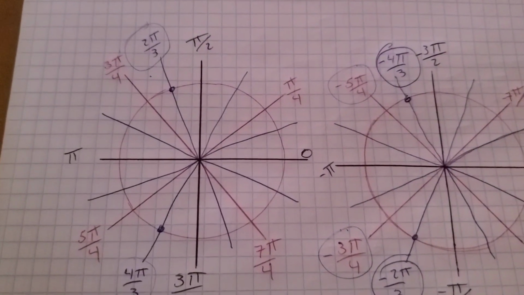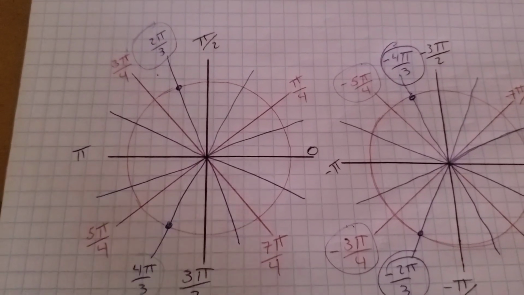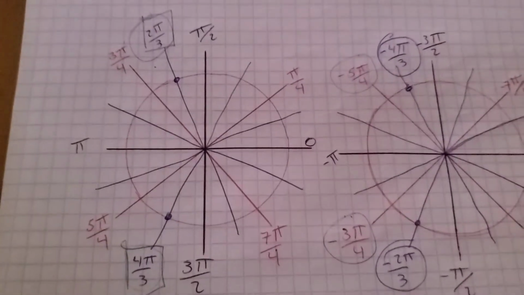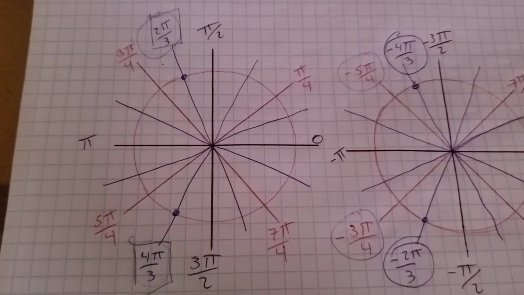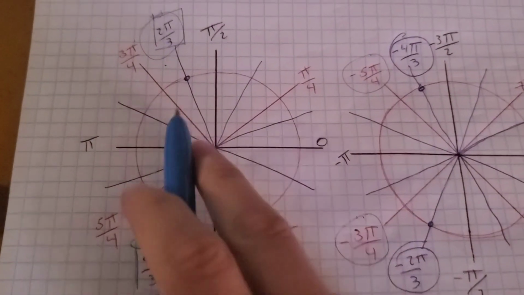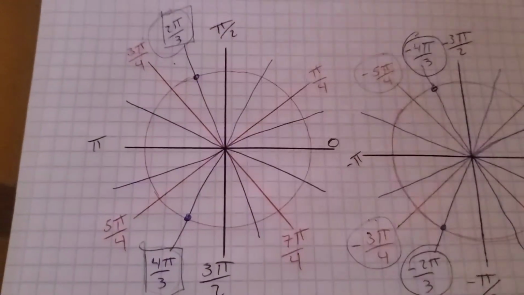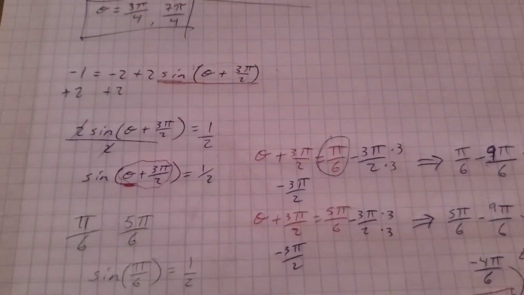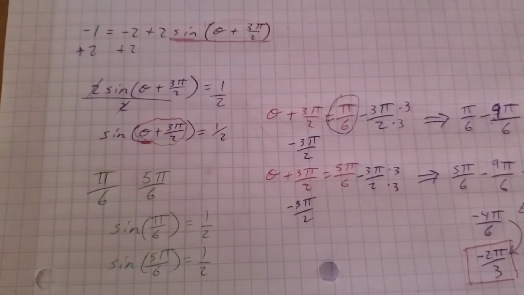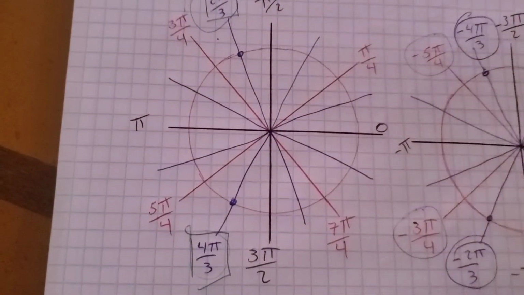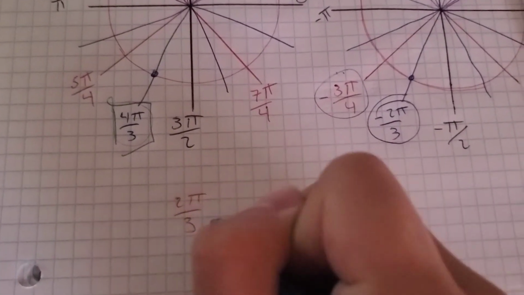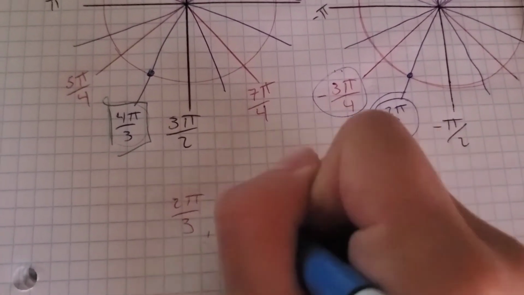So my final answers are positive 2 pi over 3 and positive 4 pi over 3. That's my solution for problem number 13. My answers again are 2 pi over 3, 4 pi over 3.